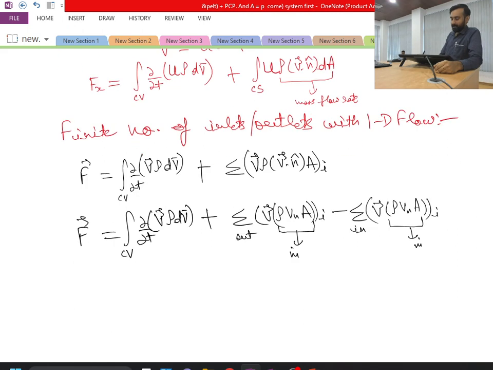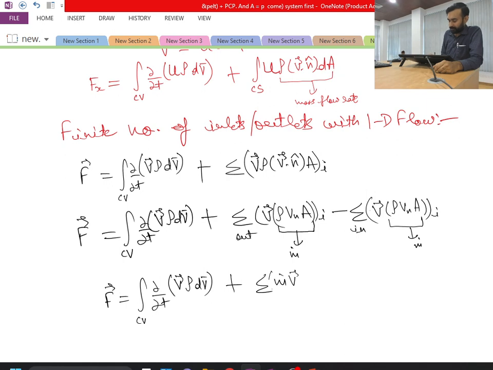So from here, ultimately, I will be getting my equation that F vector is nothing but equal to integral over CV del by del t V vector rho dV bar plus summation of m dot into V vector i for out, minus summation of m dot into V vector i for in. This point is clear.